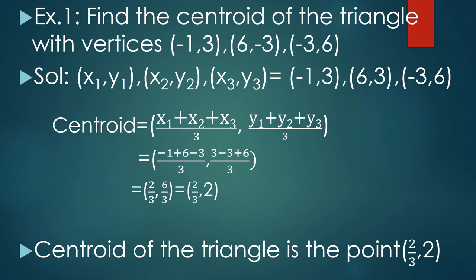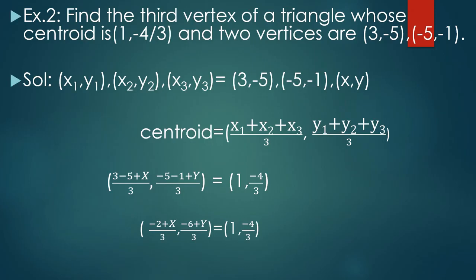Substituting, we get (-1 plus 6 minus 3) by 3, (3 minus 3 plus 6) by 3. So we get 2 by 3 and 6 by 3, which is 2 by 3, 2. So the centroid of the triangle is the point (2/3, 2).